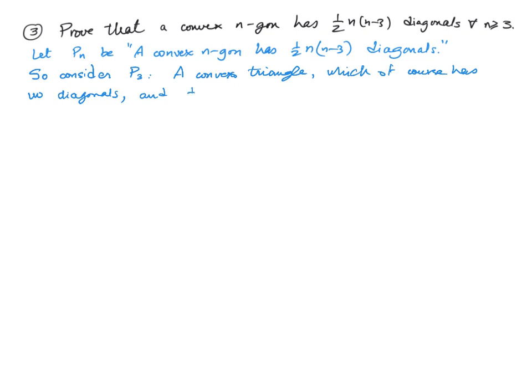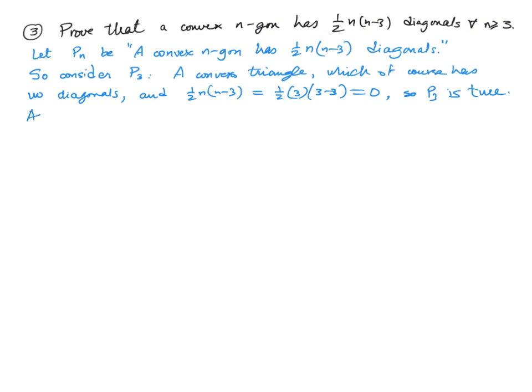And 1/2 n times n minus 3 equals 1/2 times 3 times 3 minus 3, which is equal to 0. So P3 is true because, after all, we just showed that the formula gave us 0 diagonals. And, of course, a triangle has no diagonals, so you don't have to worry about that.